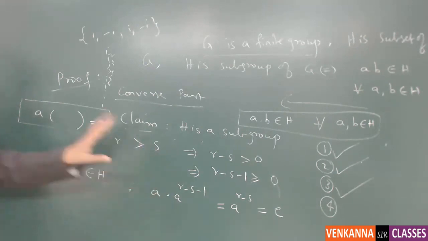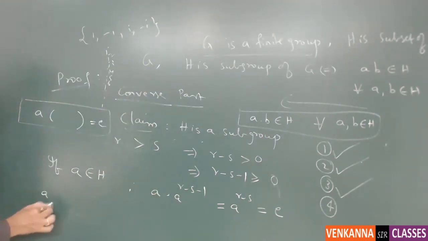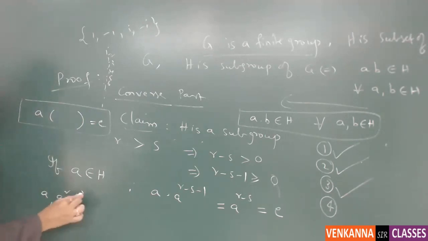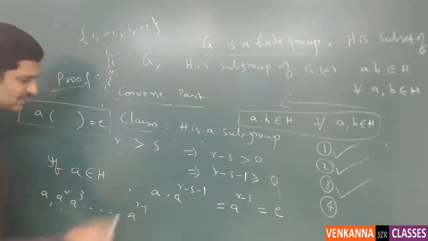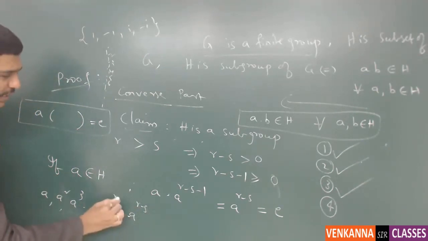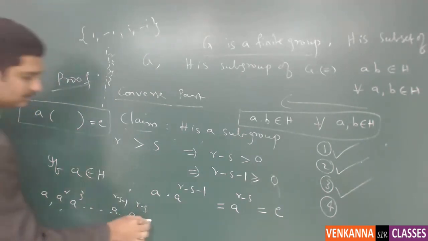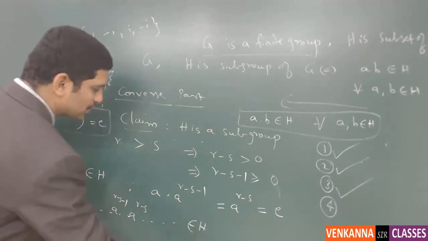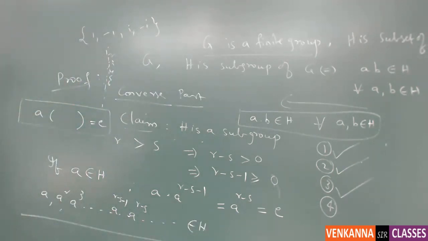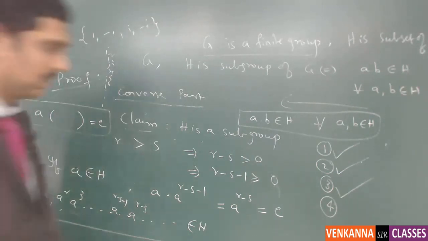So please understand, H contains all the powers of A by closure law. So here you got A power R minus S. Before that you will get A power R minus S minus 1. All these values belong to H. So if you say that A is an element in H, its inverse is nothing but A power R minus S minus 1. Therefore, H satisfies the inverse property.